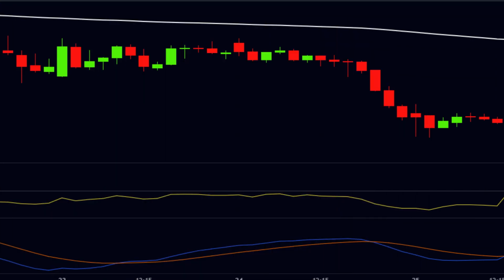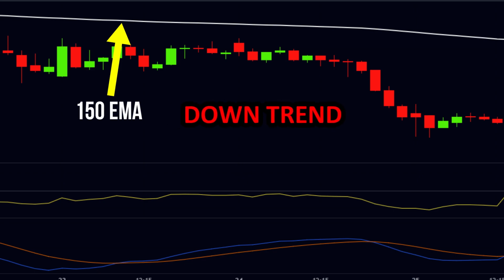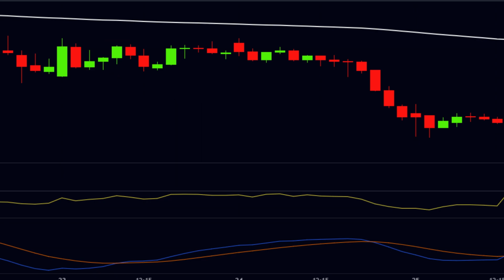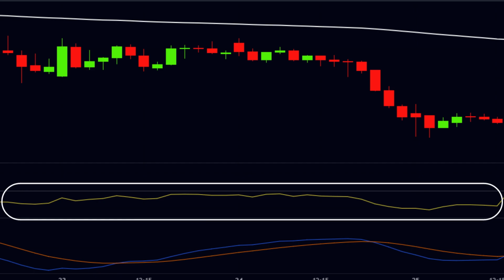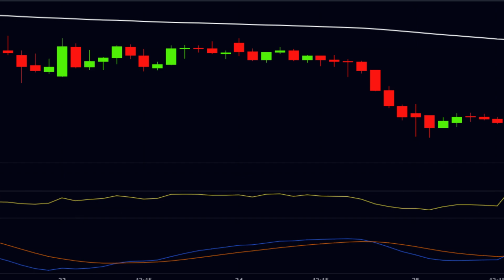Let us understand with an example. Here we have the chart of a stock. As you can see here, the price is below the 150 EMA line, so the stock is in the downtrend. Now find the position of the RSI. Here the RSI is below the 50 level. Now just wait for the bearish crossover.